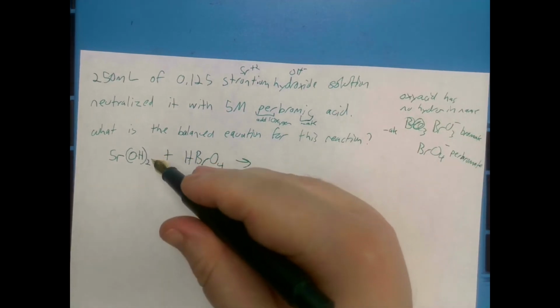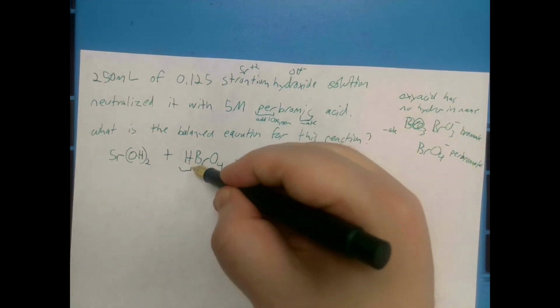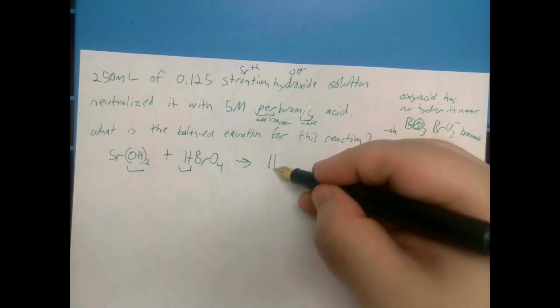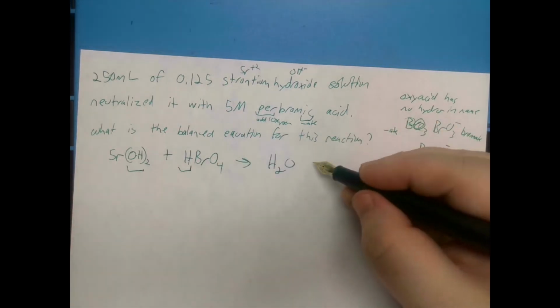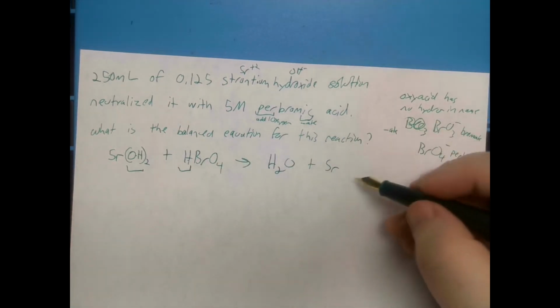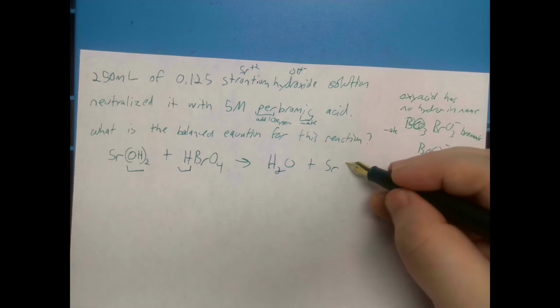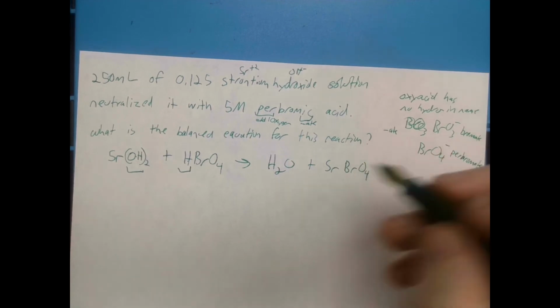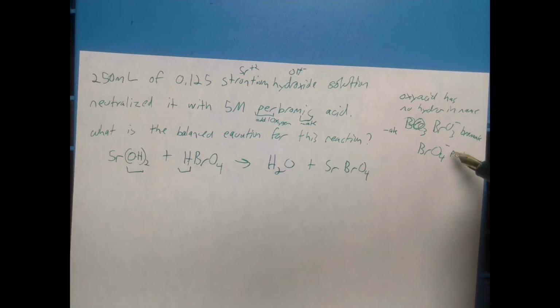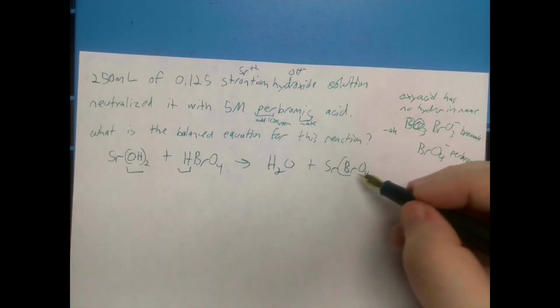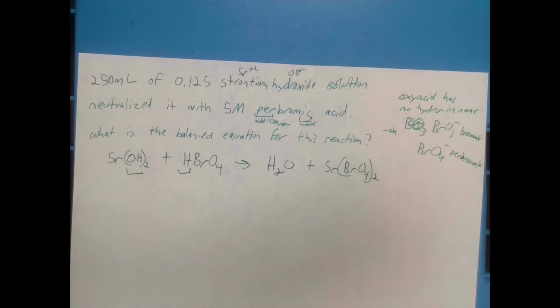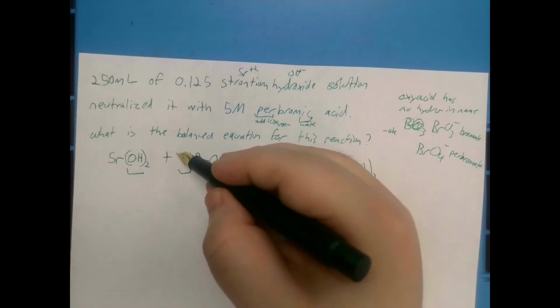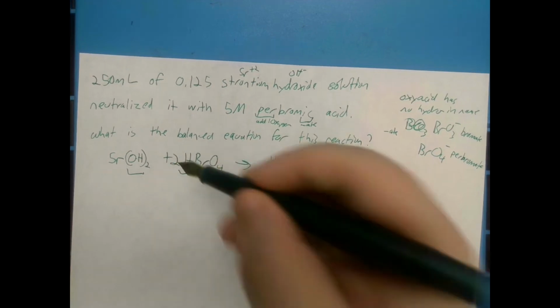So hydrogen with OH, being double displacement, will make water. And strontium with BrO4. BrO4 has a negative charge while strontium has a 2, so we need 2 of these, making strontium perbromate. So we need 2 perbromate ions.